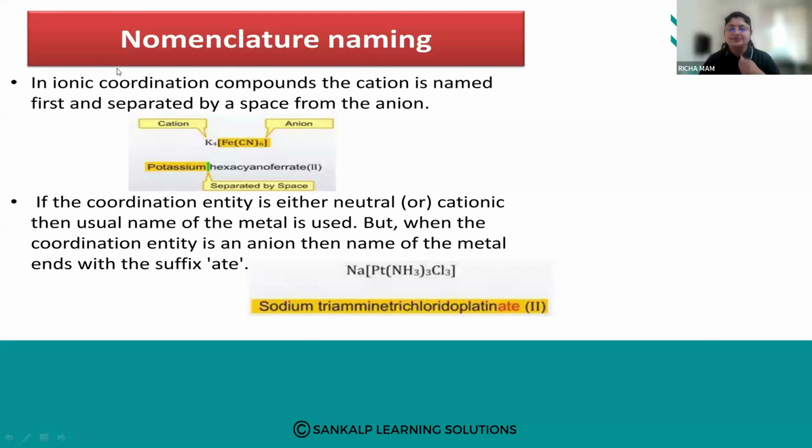Yes, what is the name? So second example, SCN 4 and 2 minus. So the name is what? Tetrathiocyanato. Okay, this much is correct.